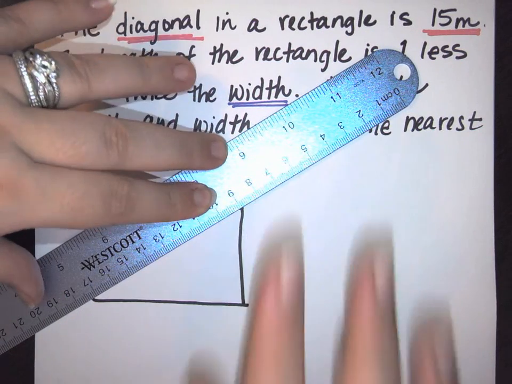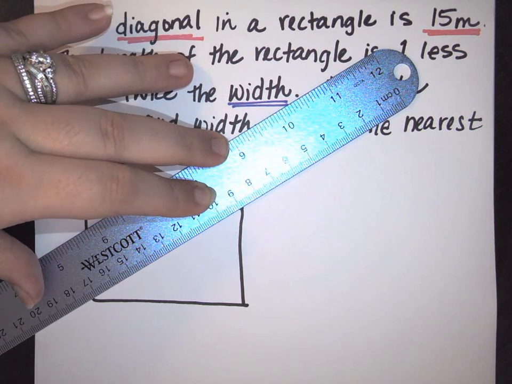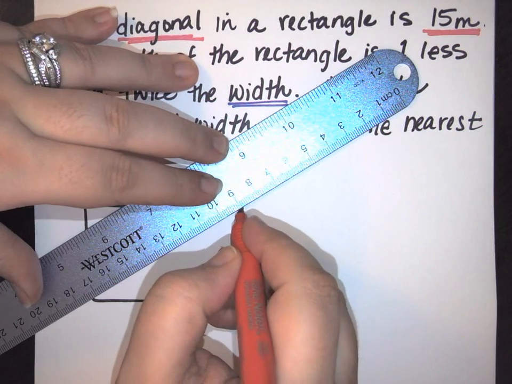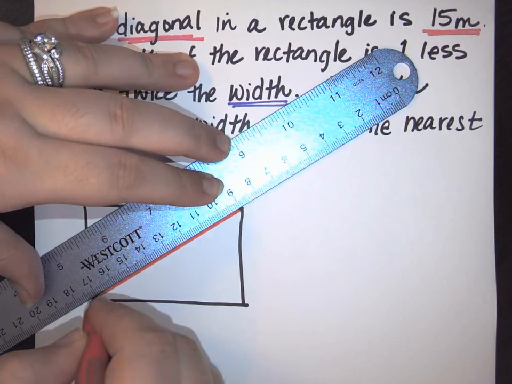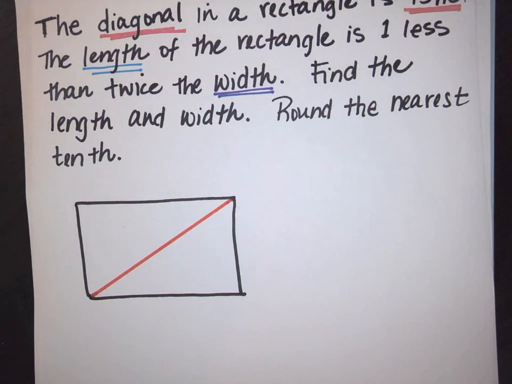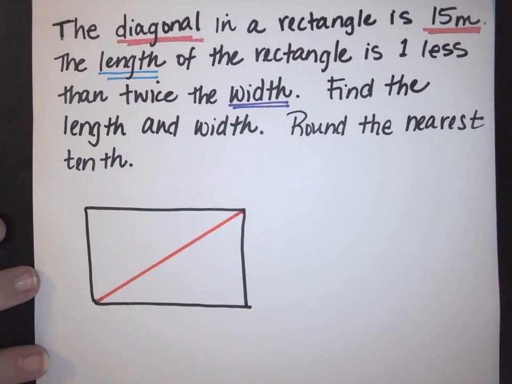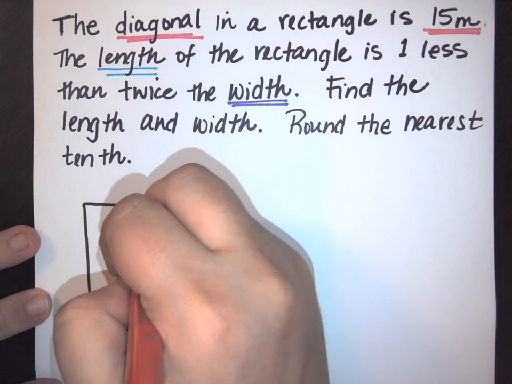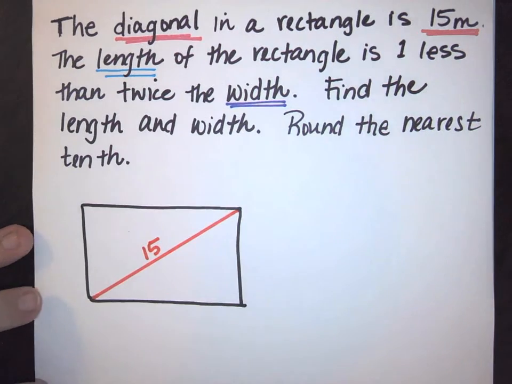And we know that this diagonal is going to have a certain length. And that length itself is 15 meters. So I would draw in my little diagonal. Now granted, you don't have to use a ruler, but you could if you chose. And what we know is that this length is 15, and it's 15 meters.